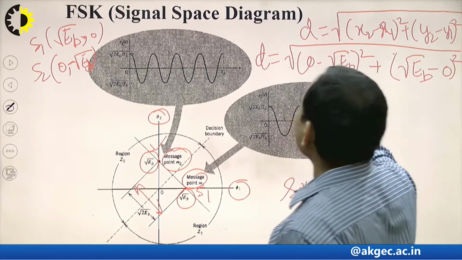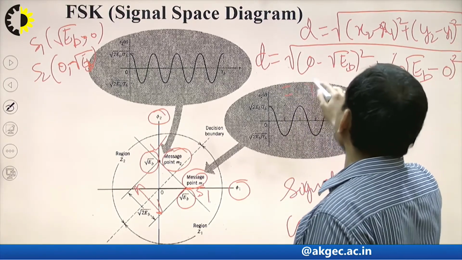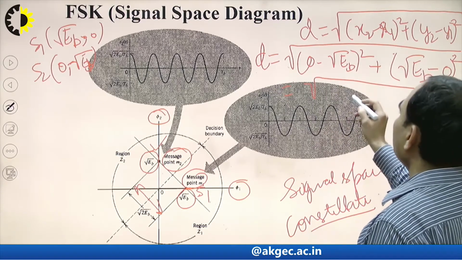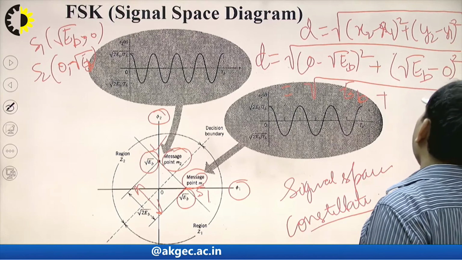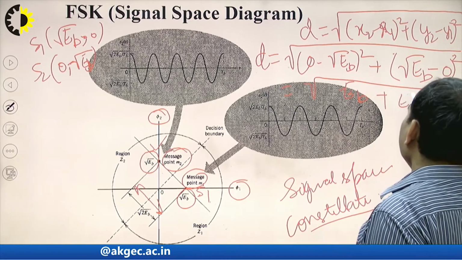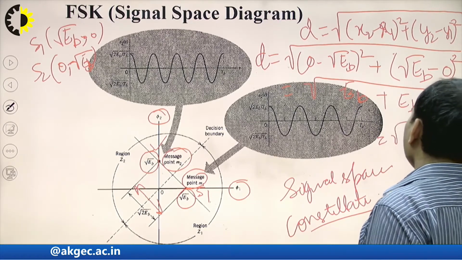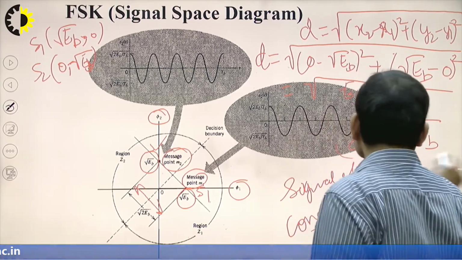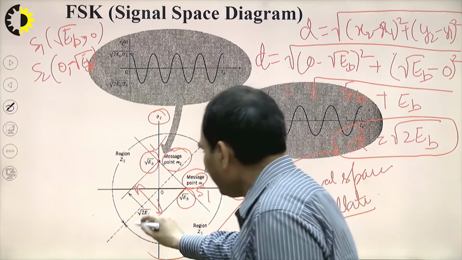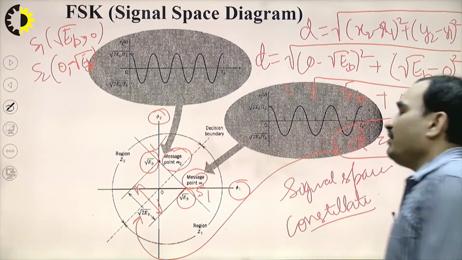Solving it, we get Eb plus Eb, so under root of 2 Eb is the distance between the two message points.